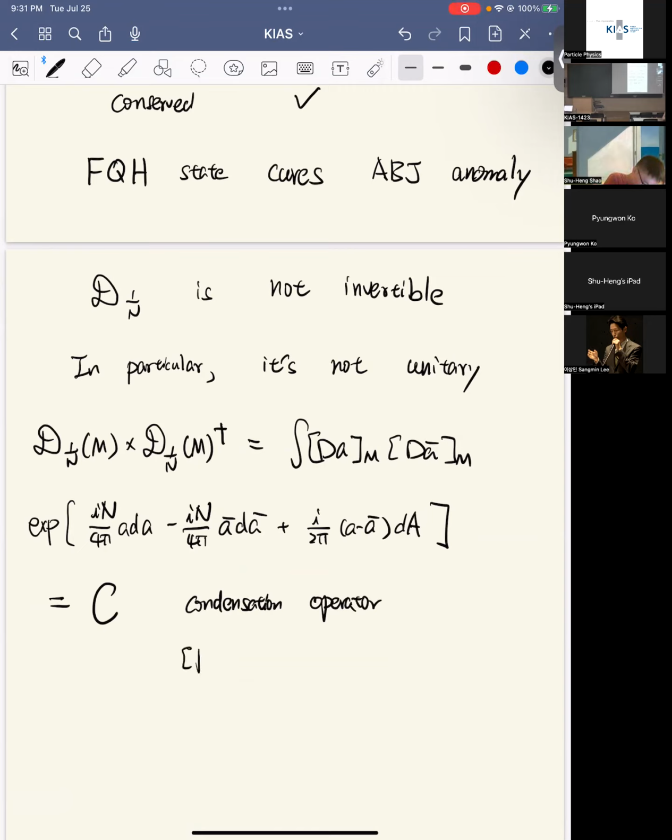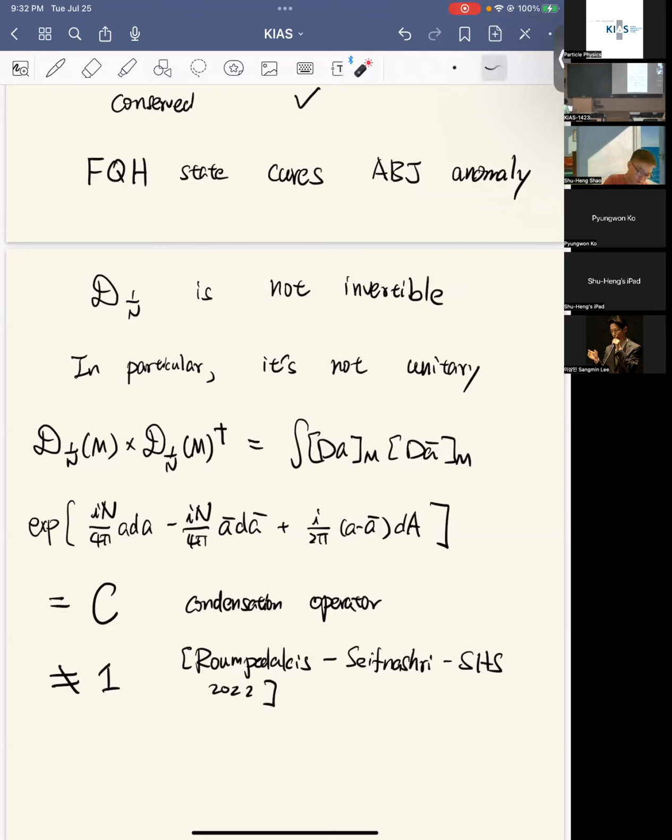If you're curious about what this is, I recommend another paper that I wrote with Rupantakis, Sahan Safnashri, and myself in 2022. All you need to know about this operator C today is that it's not 1. Therefore, D times D dagger is not 1. And that's why D is not a unitary operator.